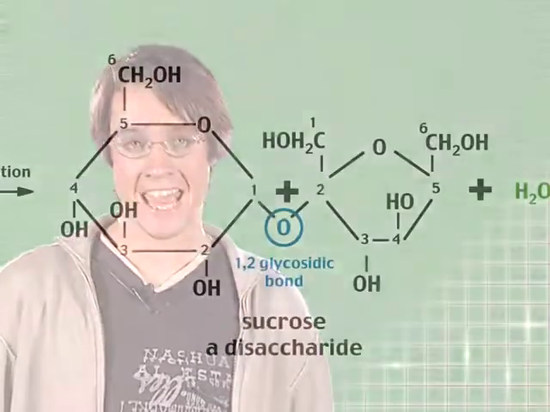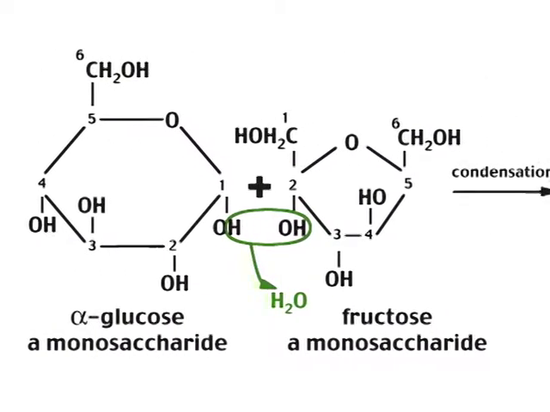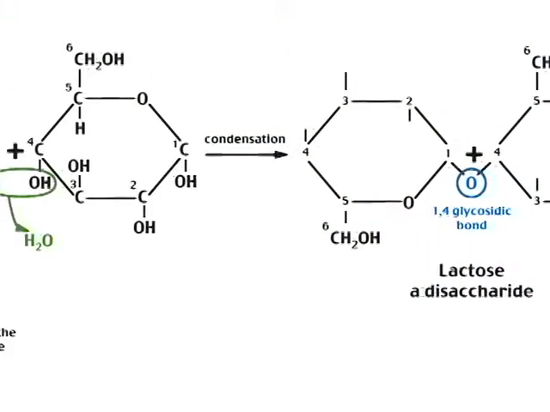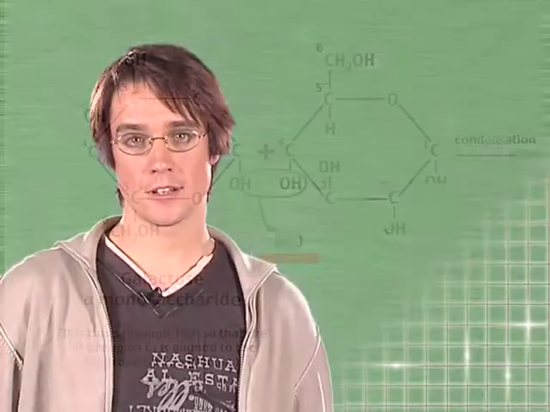Sucrose, found in cane sugar, is made from 1 molecule of glucose and 1 of fructose. Lactose is found in milk sugar and is made from 1 molecule of glucose and 1 of galactose. Notice that in each case, a molecule of water is eliminated so that bonds can form between the monosaccharide molecules.